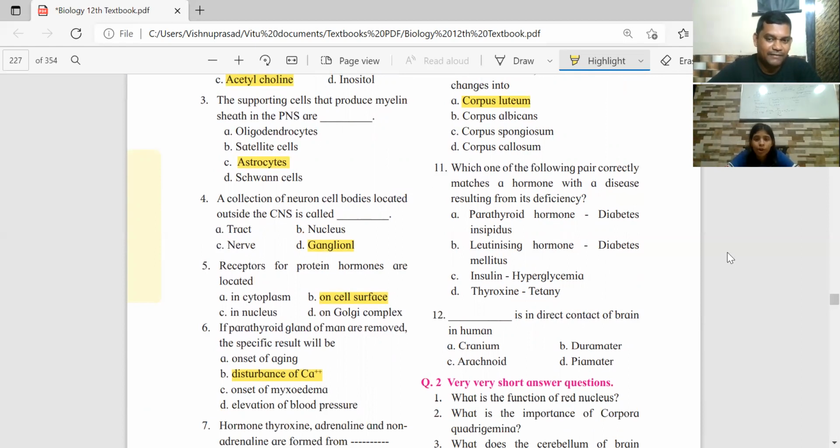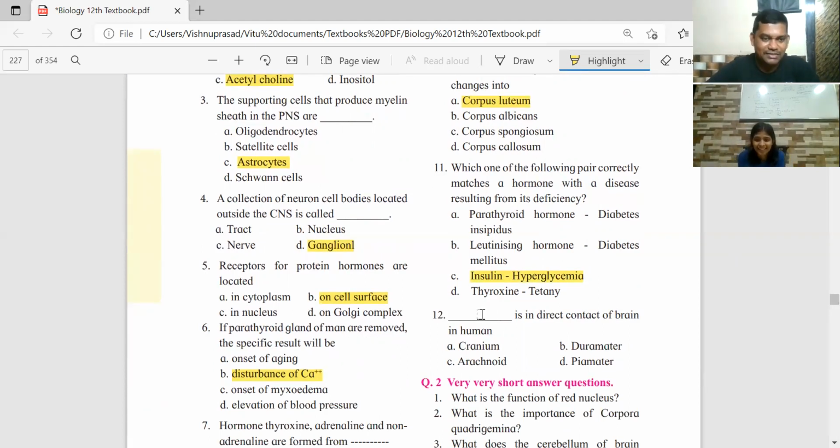Okay, hold on. Diabetes के साथ दोनों भी नहीं जाएगा. Thyroxine... Oh wait, इसके साथ दो था. P and A, both are not. Insulin. Correct. It is insulin and hyperglycemia.